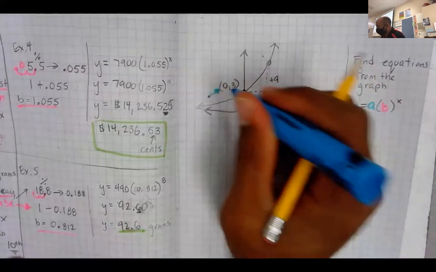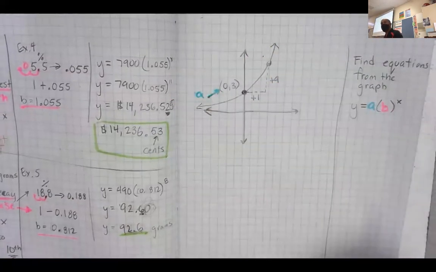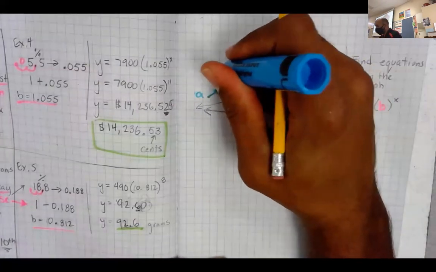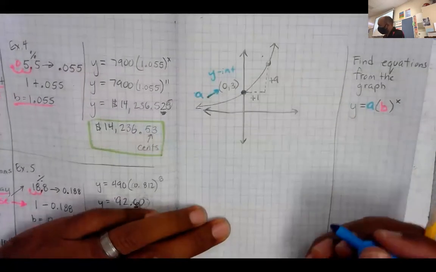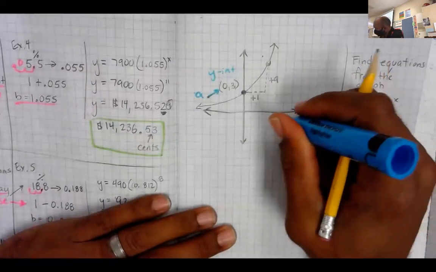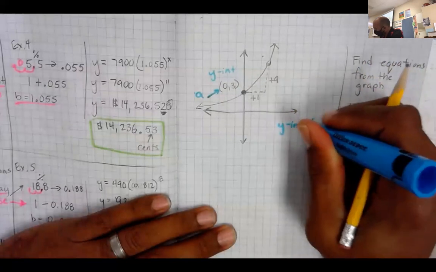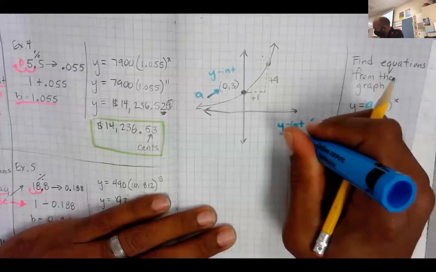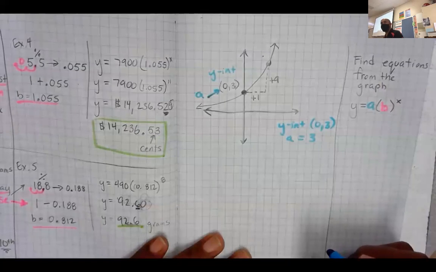That's going to be your a. Okay, so the other question it'll ask is, what is the y-intercept? Well, that's your y-intercept. So let's list out this info. The y-intercept is (0, 3). Your a equals 3, because we're just talking about the y value, okay?